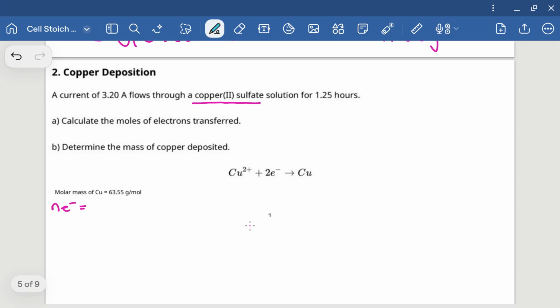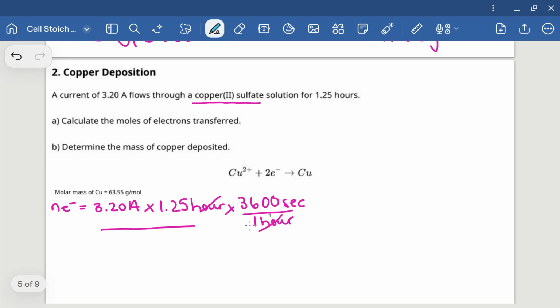You need the formula, which is your amps times your time, but your time has to be in seconds. So we multiply our hours by 3,600 seconds in 1 hour, so hours cancel, and all of this is divided by Faraday's constant, 96485 coulombs per mole of electrons.